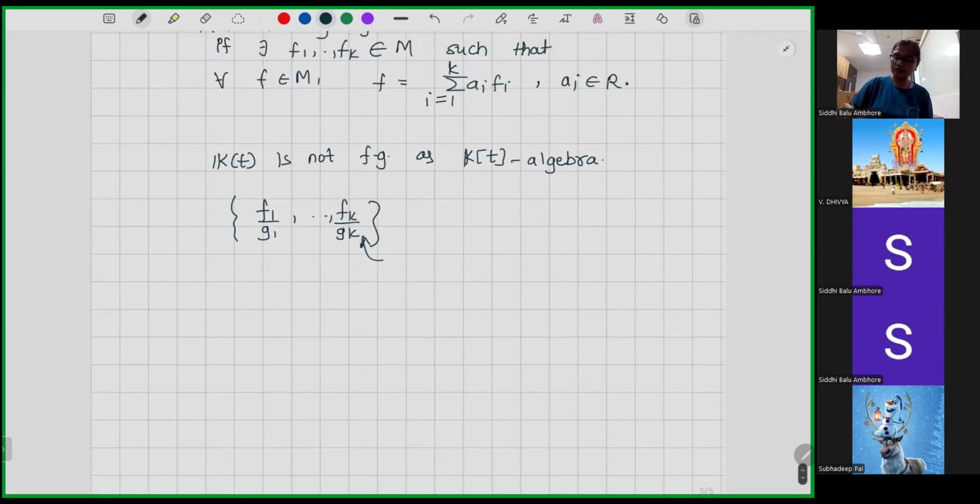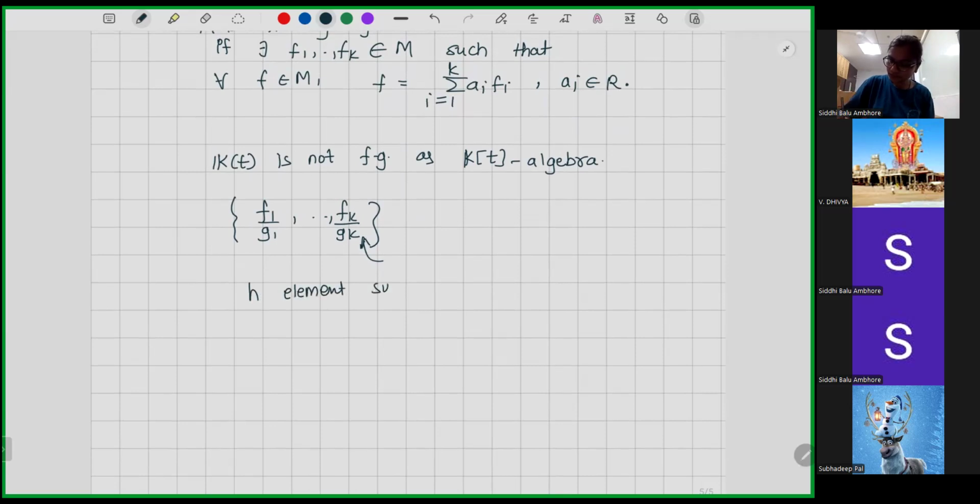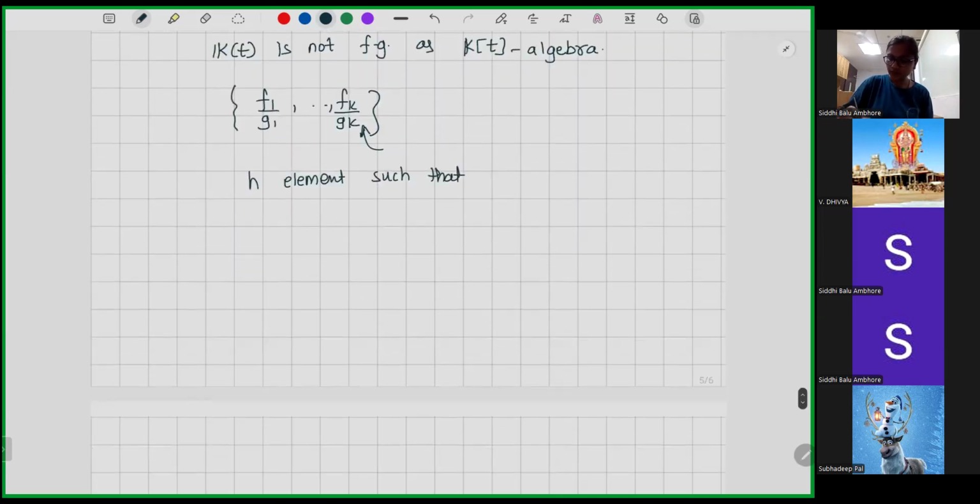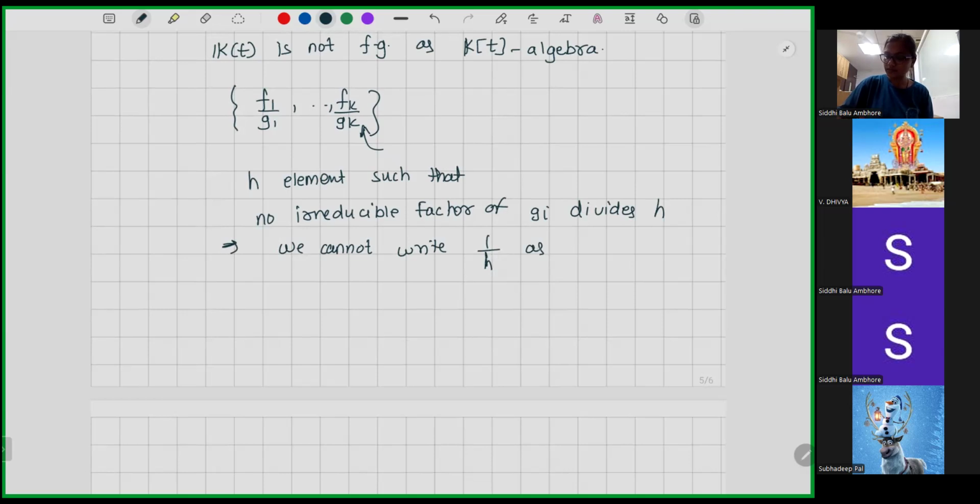If H is such an element that no irreducible factor of Gi divides H, then we cannot write 1 by H as a polynomial combination of this F1 by G1 to Fi by Gi and so on. I'm talking about algebra here.